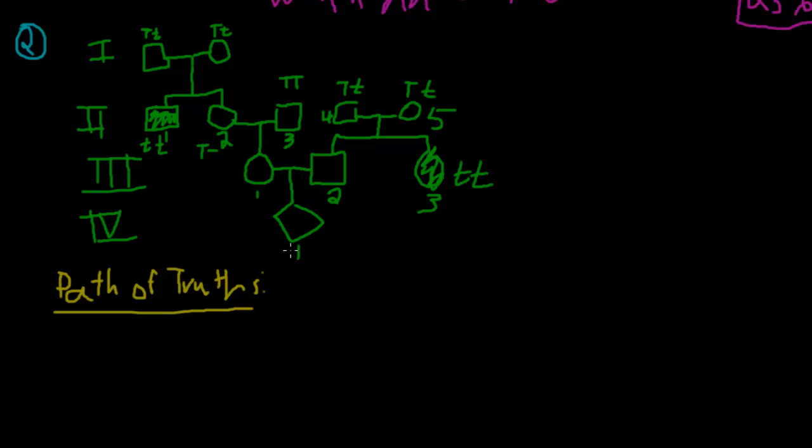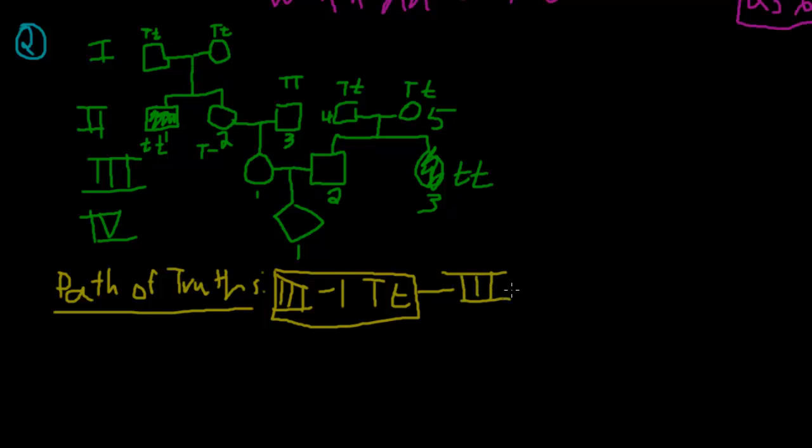So this path of truths, I know the parents must have been heterozygotes. So 3-1 and 3-2 must be heterozygotes for this to even be possible. So I'll say 3-1 is heterozygote. And 3-2 is heterozygote.